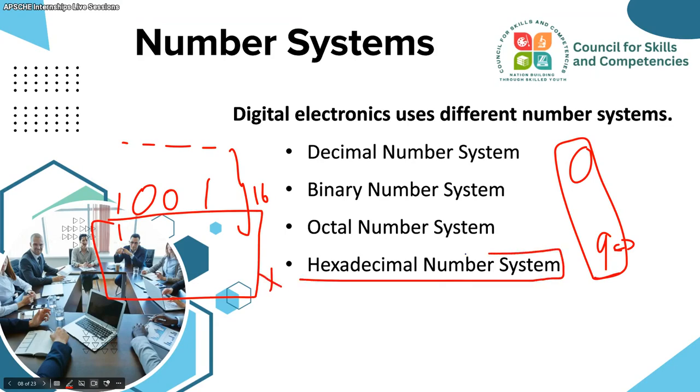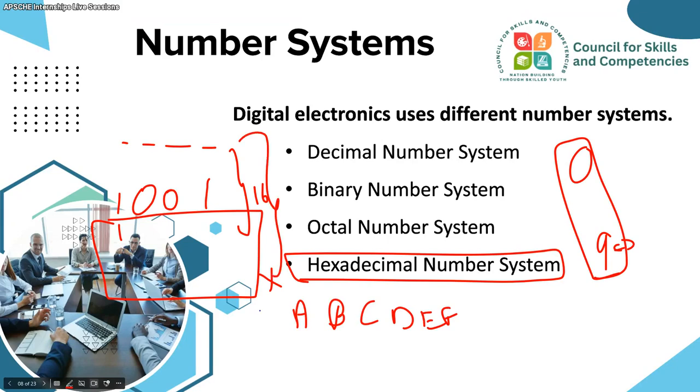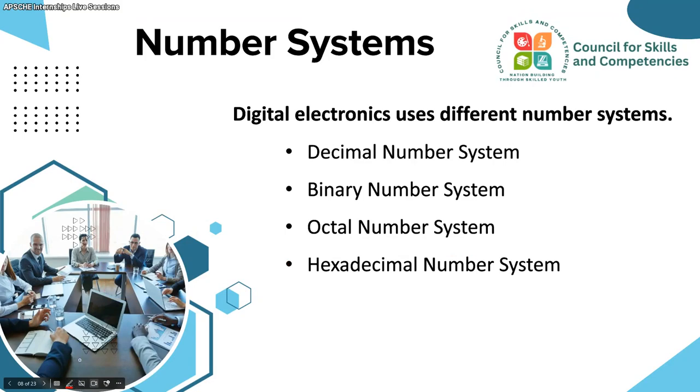So they created something called the hexadecimal system, which can store A, B, C, D, E, and F. So it is the maximum utilization. Just some extra knowledge, so you will have a better idea why that number system is used.